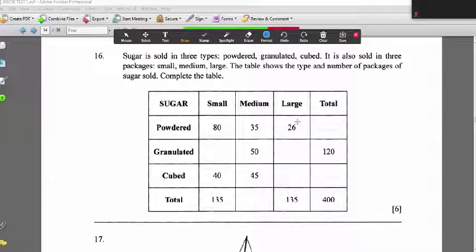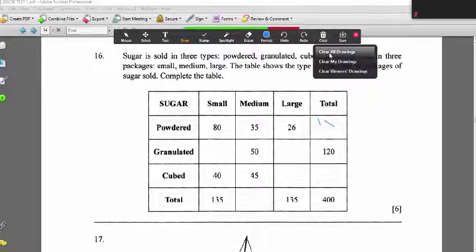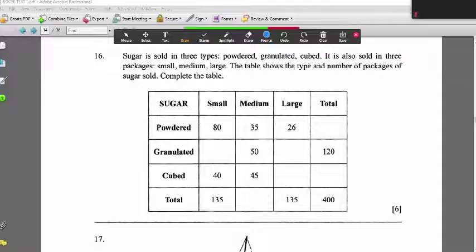And that will give me the total for that powdered portion, 141. So let me see. No, this is not what I want. Clear. I want to do text. Well, I guess I could do a box here. So this is going to be 141 here.